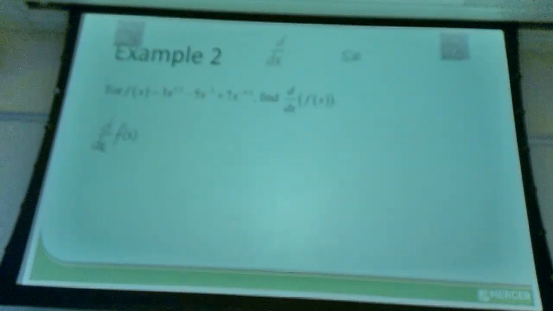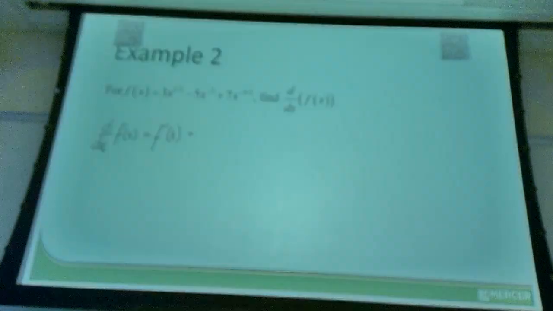So d/dx has to be operating on something. By the way, that would make no sense either. Remember, that's just f prime, right? Two ways of representing the same quantity.